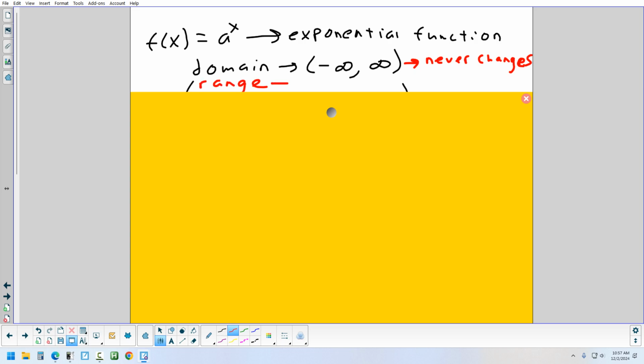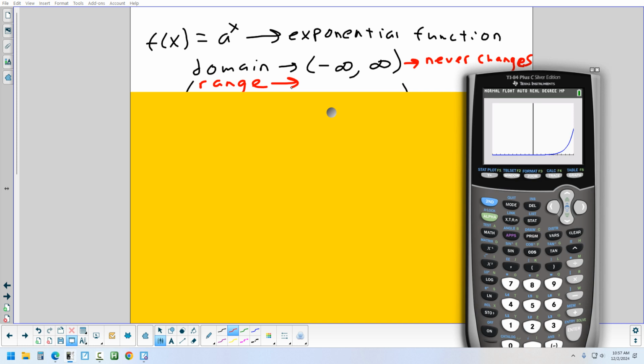And let's do the range. What does it look like? Well, let me ask you a question first. Does it look like this graph goes up forever? Yeah, it's just cut off on the edge of the screen because I don't have my x value going high enough.